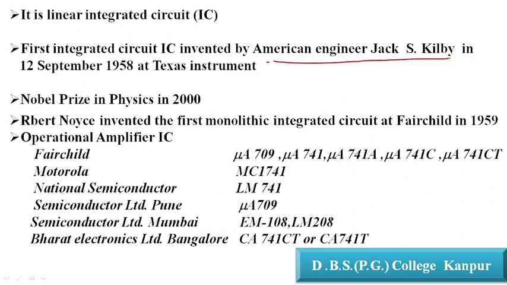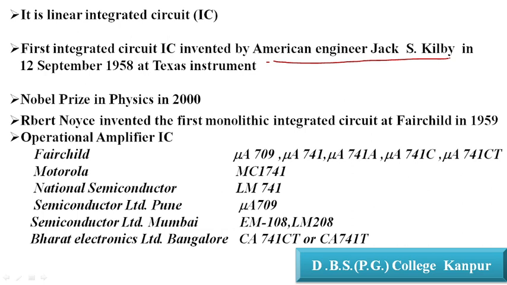Now the next very important discovery. This IC was described by J.S. Kilby in 1958, but the next category of IC is the monolithic integrated circuit.